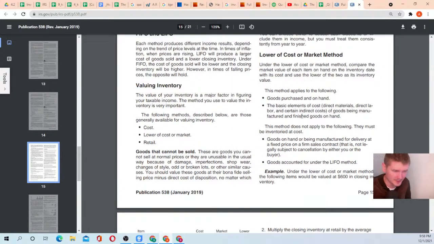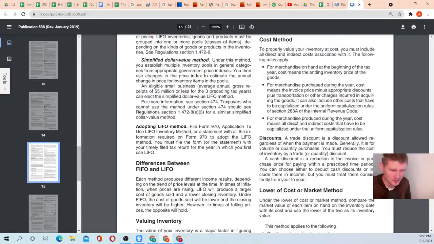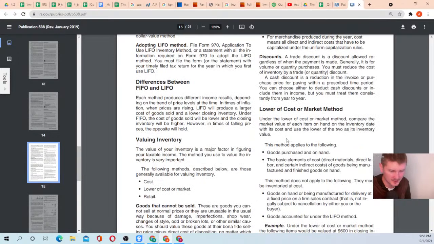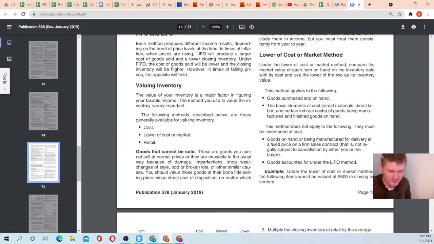In terms of net realizable value, depending on why you are doing the provision, you might be able to deduct the NRV provision for taxes, maybe with some differences, if you apply that method to value your inventory.